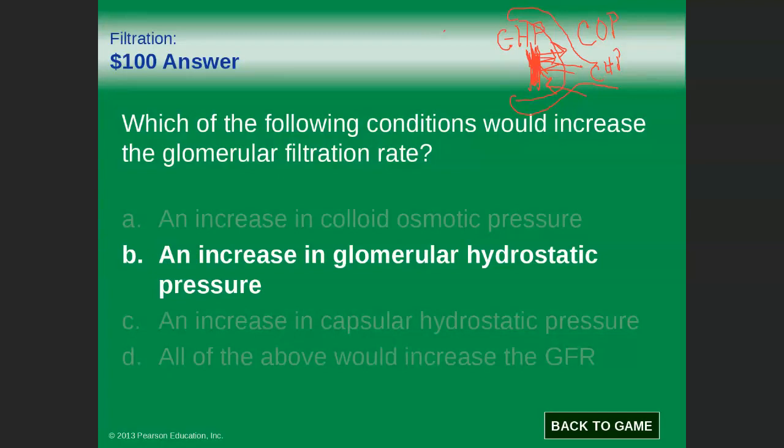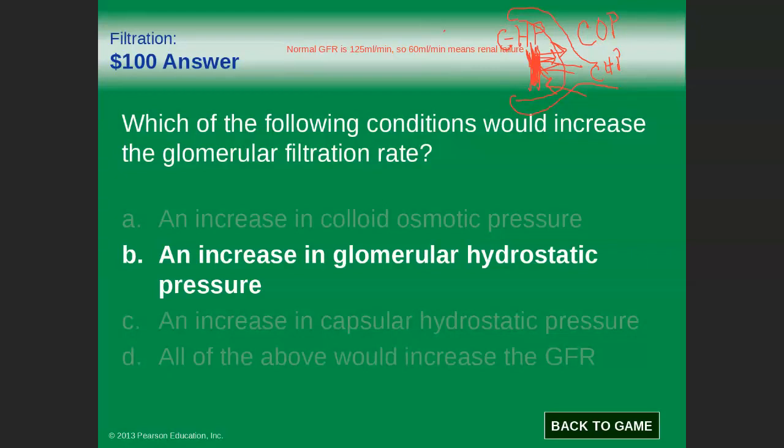Normal GFR is 125 mils per minute. 60 mils per minute means renal failure, because when you get half that rate, you're going to go into renal failure, and then you become uremic.